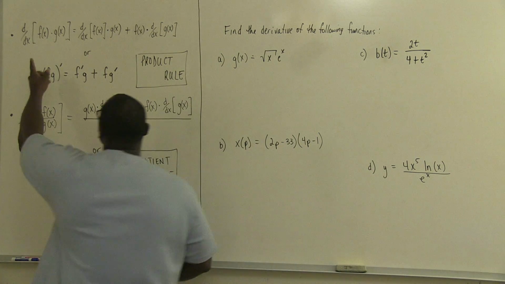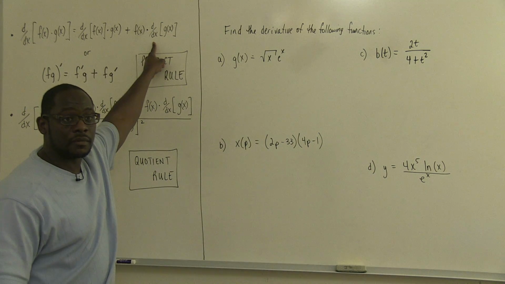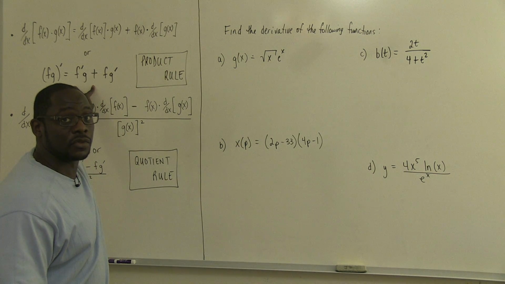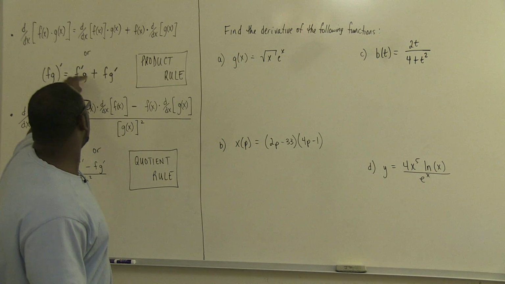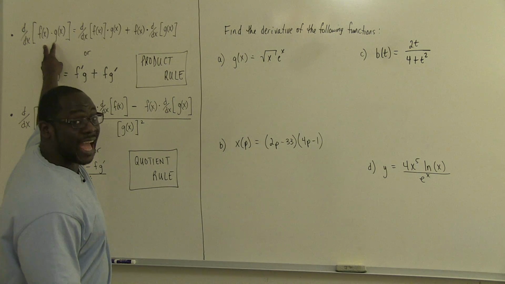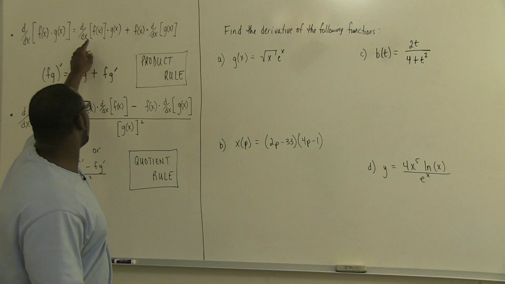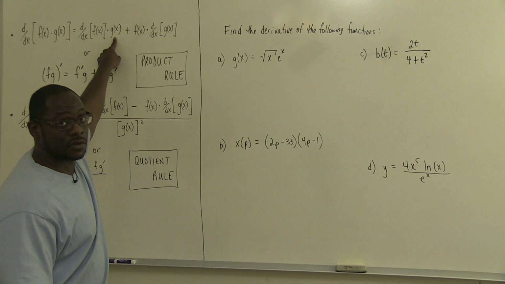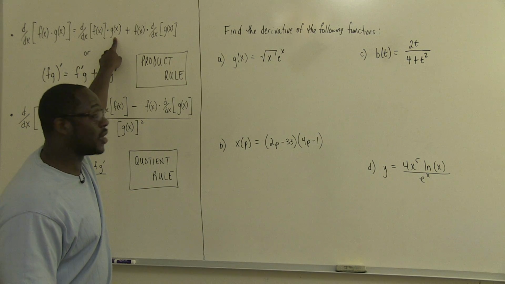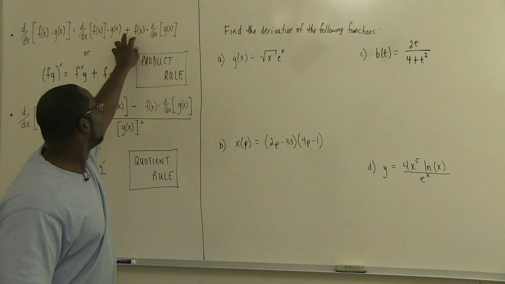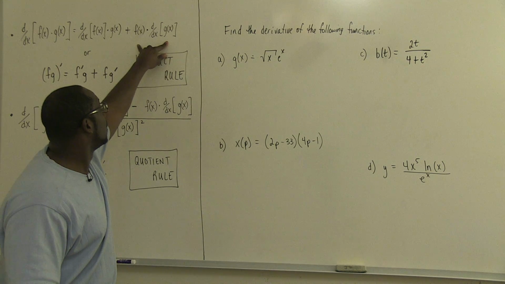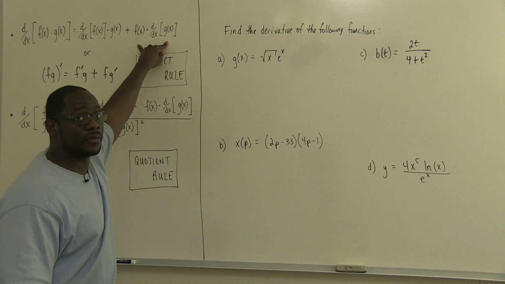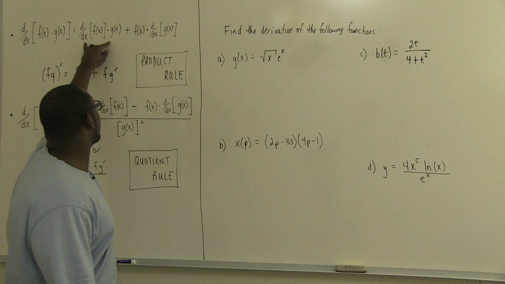I've given you the product rule in what we call Leibniz notation, as well as the prime notation. Here we see that we're taking the derivative of one of the functions times the other, and then we're adding a second term, and that second term is whatever derivative we did not take in the first term.